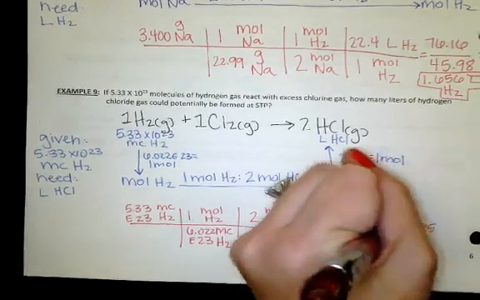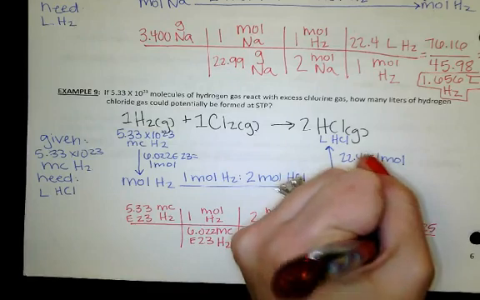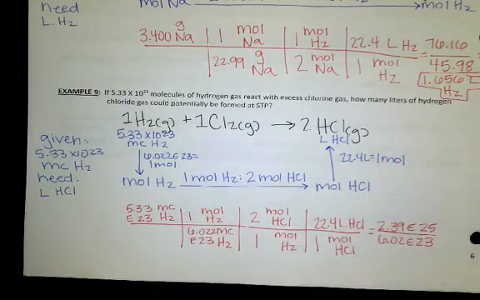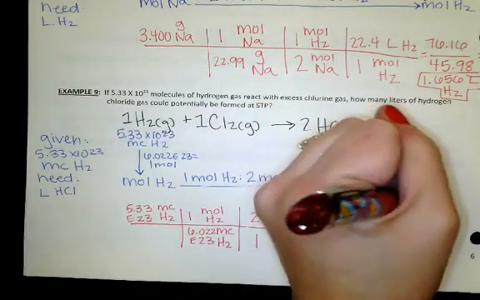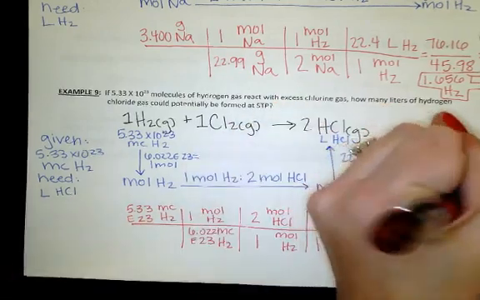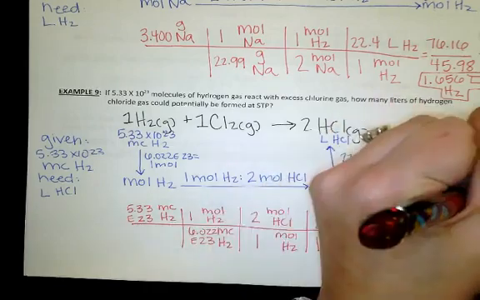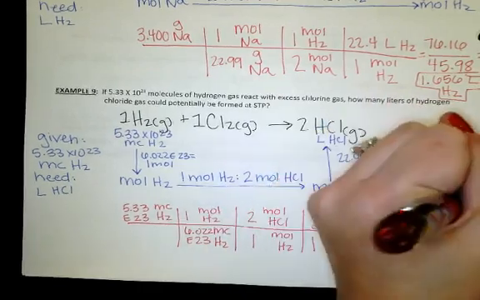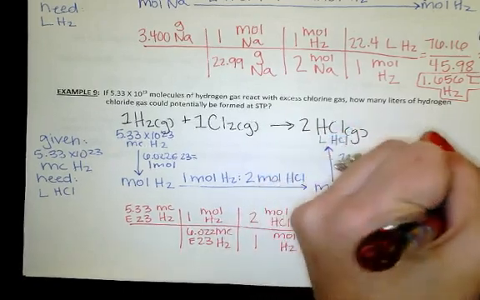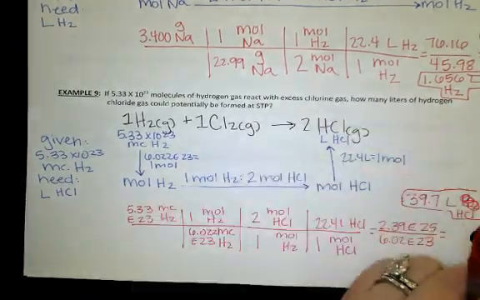And then we're going to have divided by Avogadro's number on the bottom, 6.022 times 10 to the 23. And that's going to give us 39.7 liters of hydrogen. Not hydrogen, sorry. Hydrogen chloride gas.